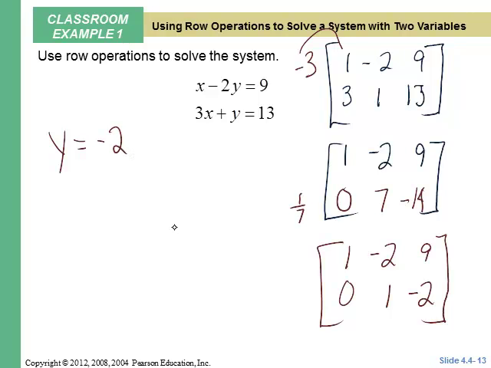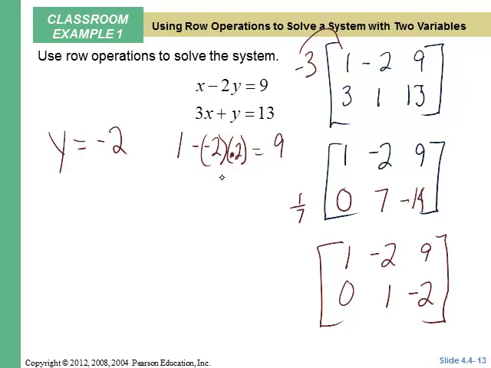So y is negative 2. If we substitute that into the first equation, 1 minus, negative 2 times 2, times negative 2, excuse me. 1 minus negative 2 times 2, it's positive 2, is 9.